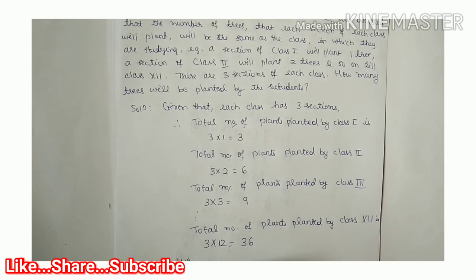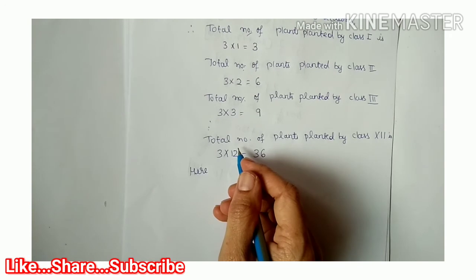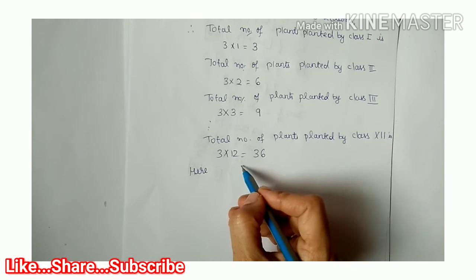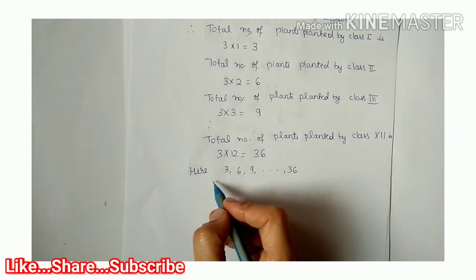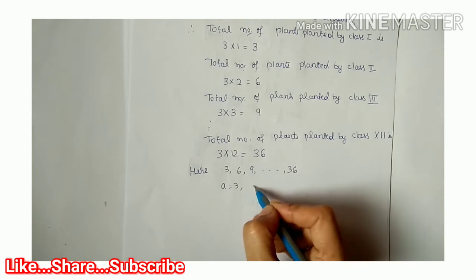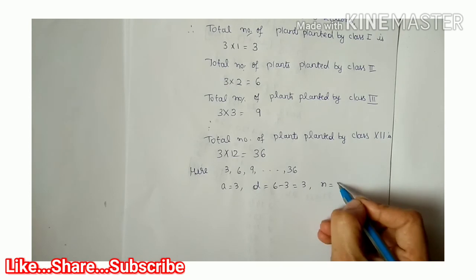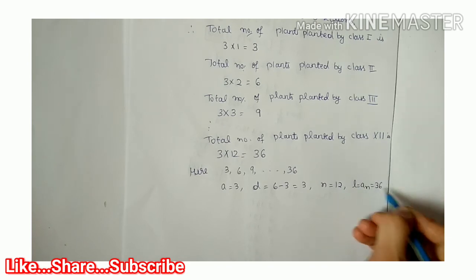Here 3, 6, 9 up to 36. In this AP, first term is 3, common difference is second term minus first term, 3, n is 12, last term an is 36.